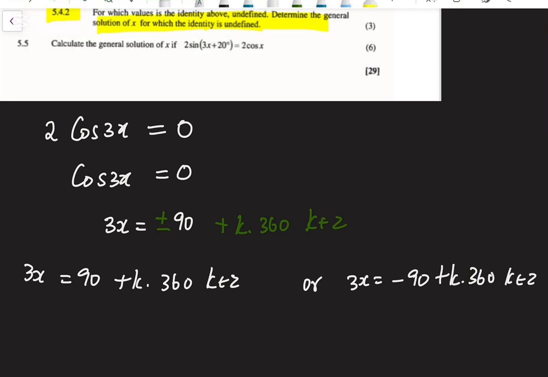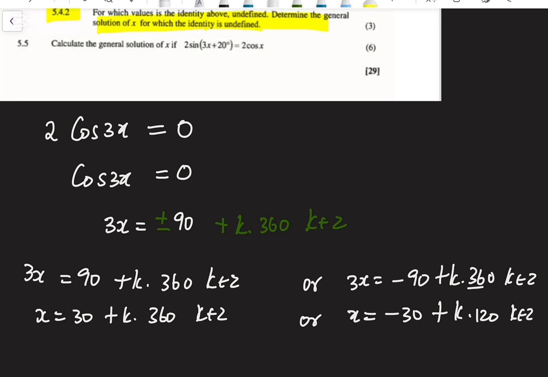Now divide everything by 3. So x is equal to 30 plus k multiplied by 360. K is an element of all integers. Or, not 3x, x, if we divide by 3, is equal to negative 30 plus k multiplied by, if we divide this by 3, it will be 120.